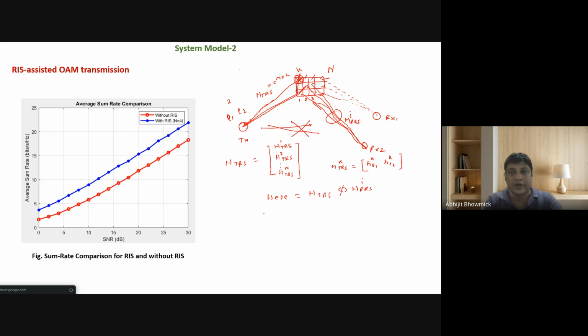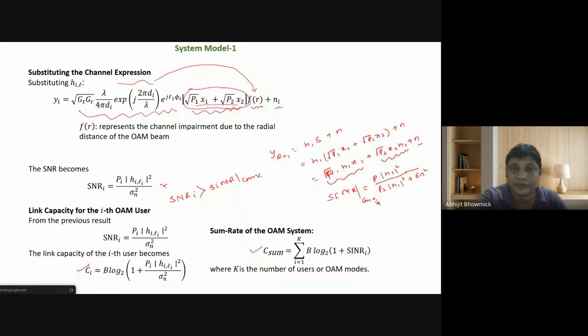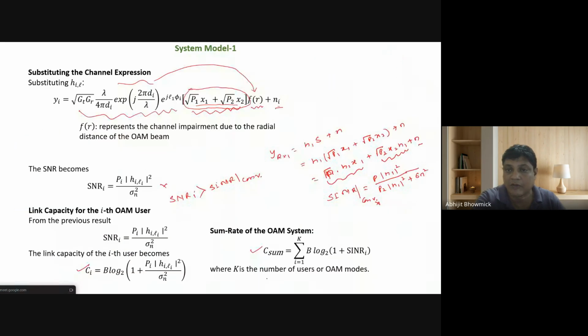Then I can discuss what is the ith signal. Hi is equal to, I can write, HL2; all are these OAM channels. These channels, OAM channels, all are described.